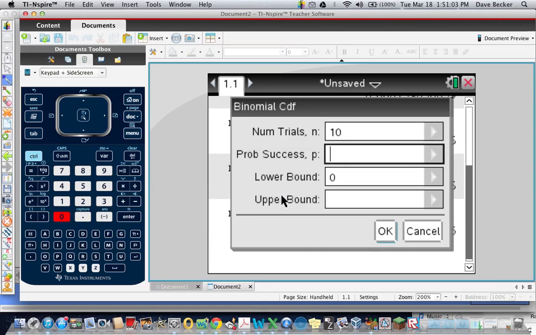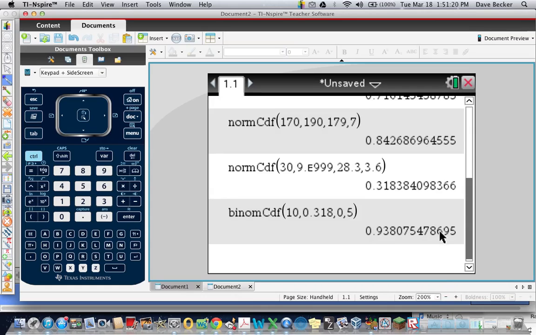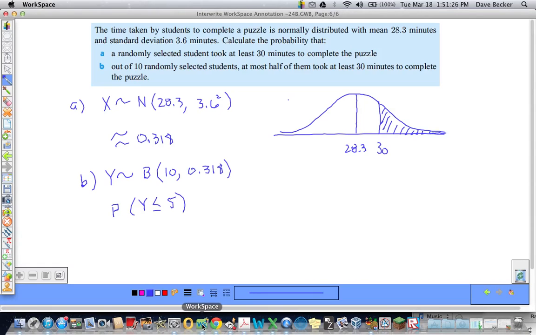I almost said 5, sorry. The probability of success is 0.318. Yes, our lower bound is 0, and our upper bound is 5. So, because it's from 0 to 5, and we get the answer 0.938. Isn't life wonderful?